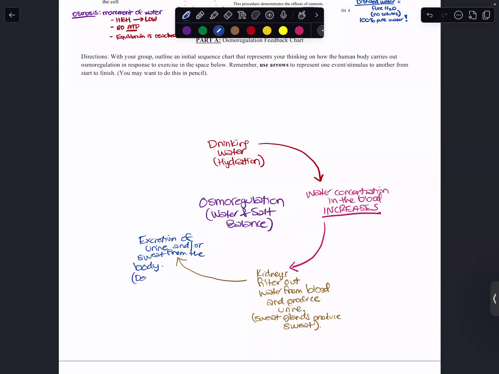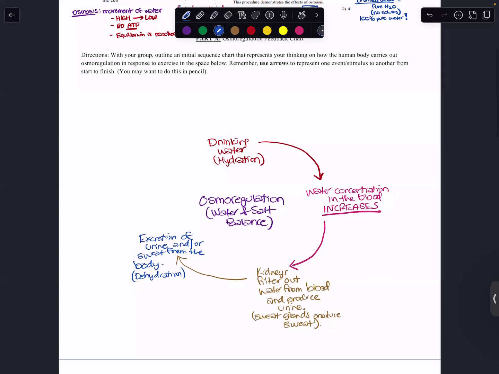This is going to lead to what's known as dehydration, right? So when the kidneys are filtering out water from the blood to produce urine, that's going to make me go to the bathroom and release all of that urine, right? But because that urine output is so high, I risk the potential of getting dehydrated because there's so much water inside of my urine that I'm getting rid of, right? Same thing with sweat. If I sweat too much and I forget to drink water to replenish that, then I run the risk of dehydrating myself.